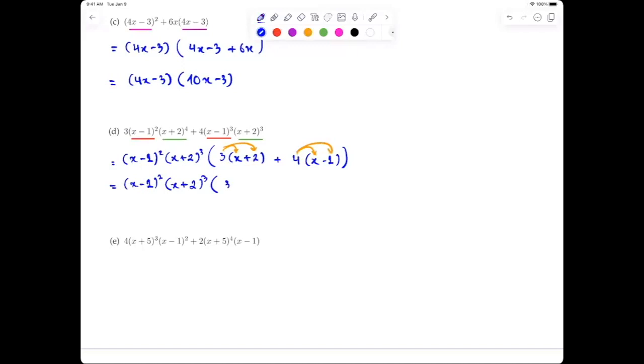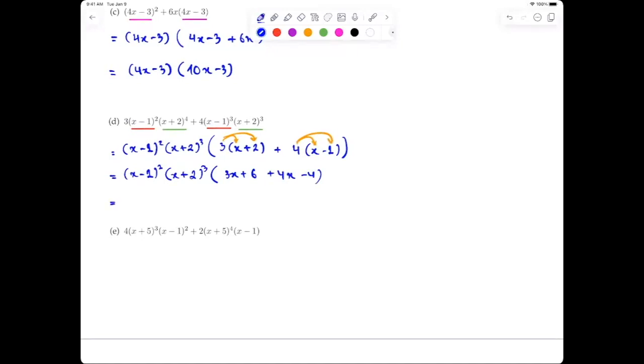So I got 3x plus 6 plus 4x minus 4. Finally, the result is 7x plus 2 for the last parenthesis.